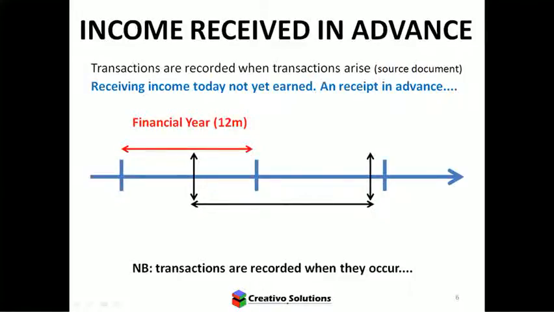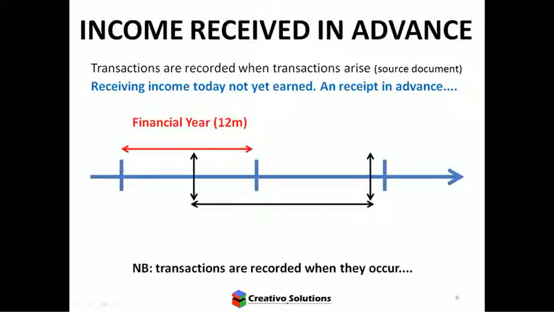So remember, transactions are recorded when they arise. So if a transaction arises today, I'm going to have to record the transaction today, but I may or may not have to adjust this at a later stage because the accountants are going to be presenting the information for the last 12 months. The financial year is 12 months long. So in this particular example, let's imagine we're receiving income today, but it has not been earned yet.